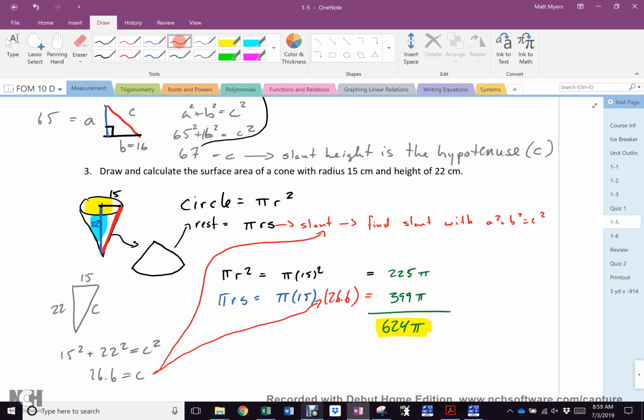This is your math class answer. What's your real life answer? You do 624 times your pi button on your calculator. 624 times pi. And it's going to be something like 1,900, almost 2,000.